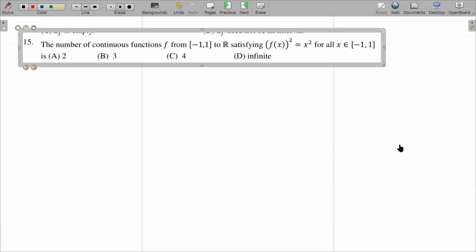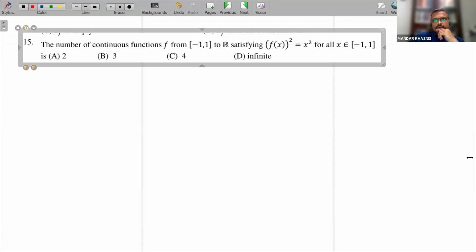Shruti is saying 2. Darshika, you want to answer? A3. A has got more poles. Fine.